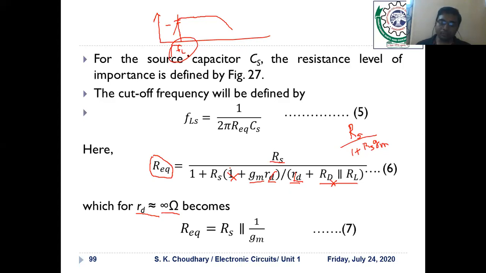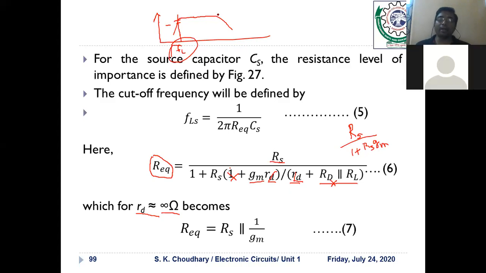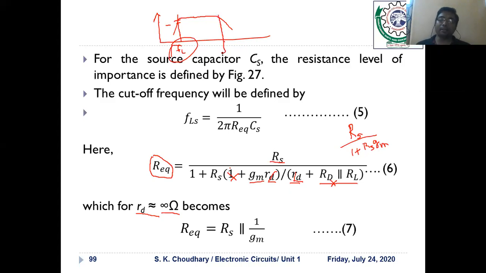Now we move to the next slide, where we have to find the value of FH. What components are responsible for deciding the value of FH, the upper cutoff frequency in the frequency response of the amplifier?